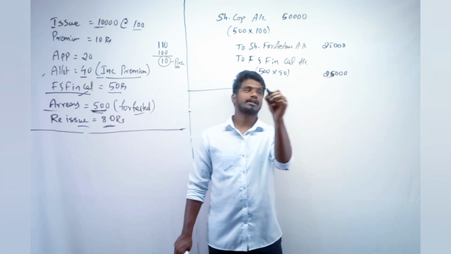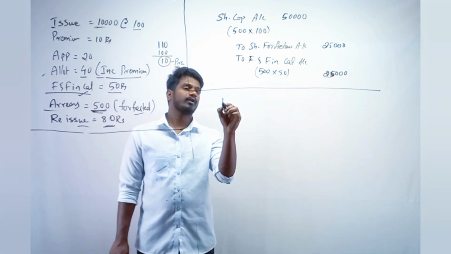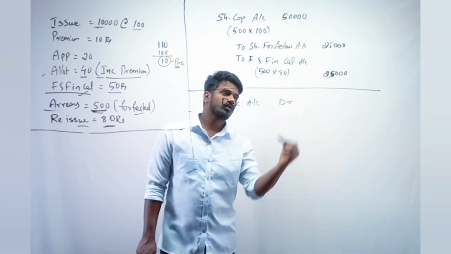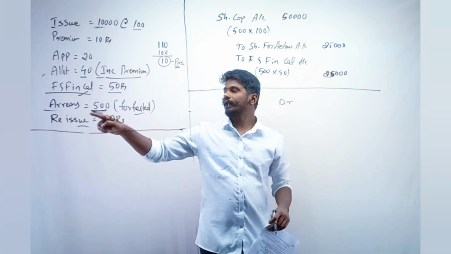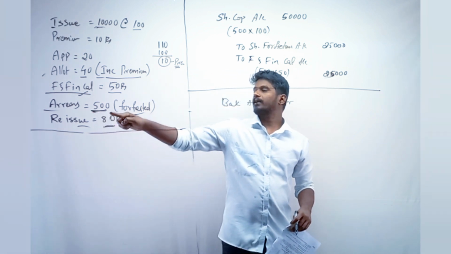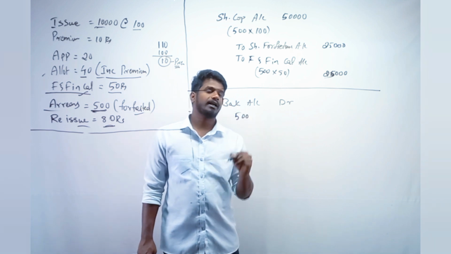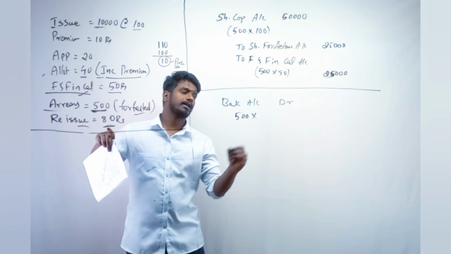So when we issue the shares, we will receive the amount in the bank. So bank account debit. How much is the amount? We are reissuing the forfeited 500 shares, and for how much are we issuing them?